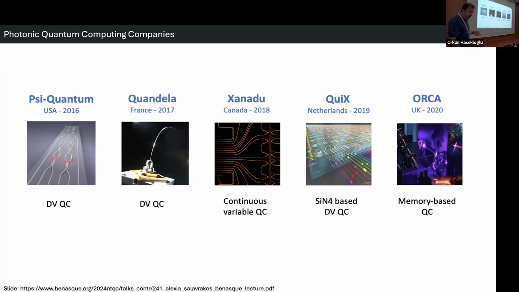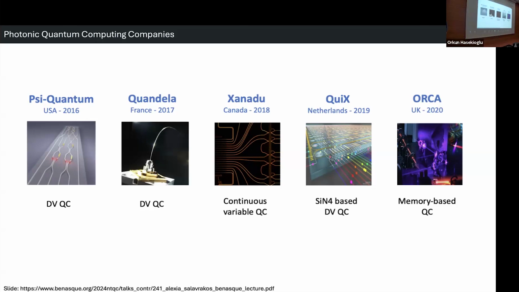There are a little bit more companies, but PsiQuantum got funding of about $1 billion as an investment from government. There is a lot of debate about why they got it, we don't know. But what I will talk about is discrete variable quantum computing.